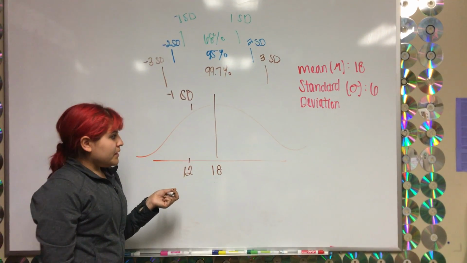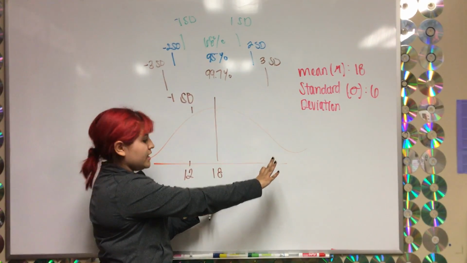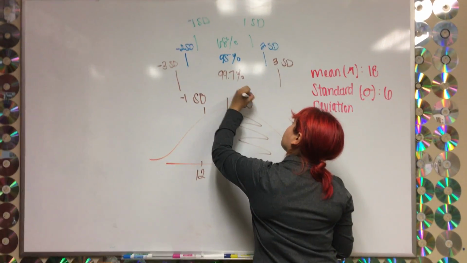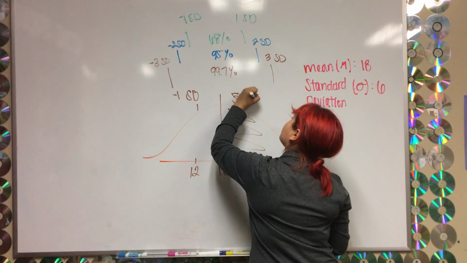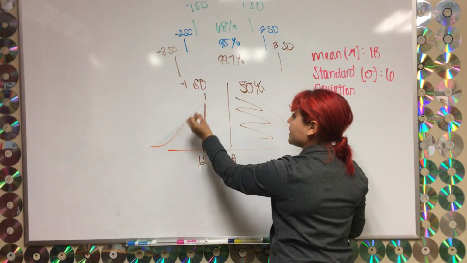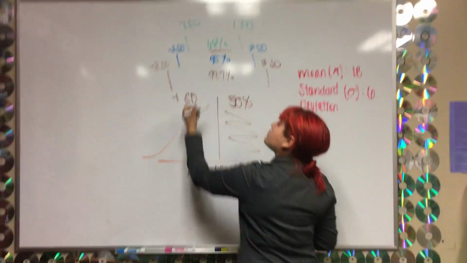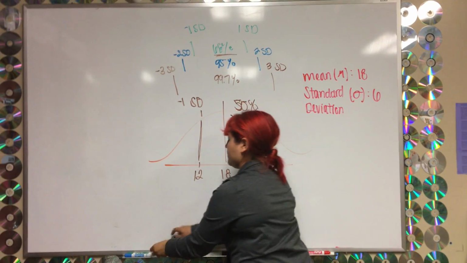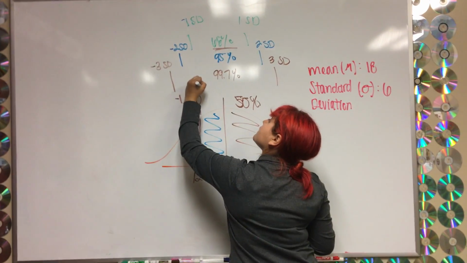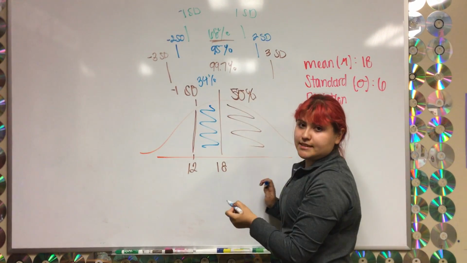So what that means is if the mean is in the middle, that means that is 50% of the data. So this, 50% of the data. If 12 is here and that's -1 standard deviations, that means that's half of 68%. So we can conclude, let me do this in a different color, that this is 34% of data because that's half of 68.